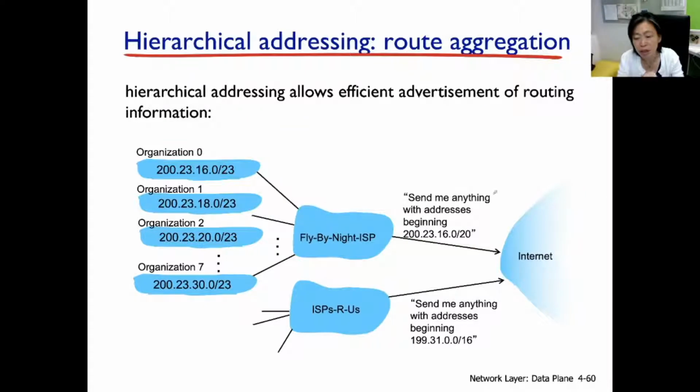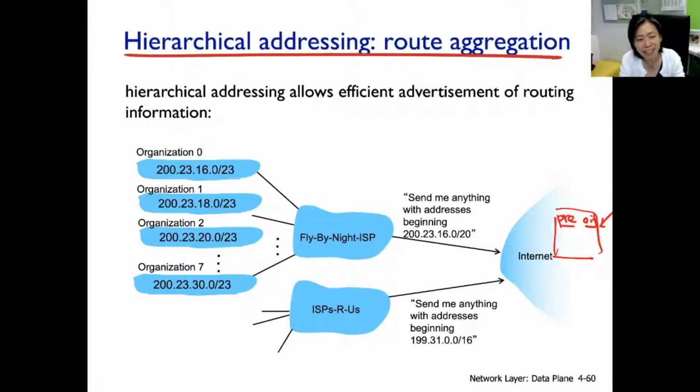The solution is actually related to the forwarding mechanism in the router. If you recall, instead of listing individual destination IPs here, rather we do this: individual prefix, and then outgoing interface. So when a packet arrives, if the destination IP address matches the prefix, then we send it out on the outgoing interface.